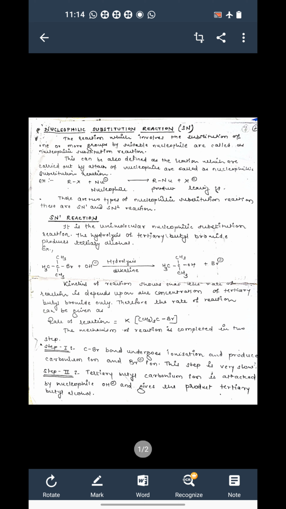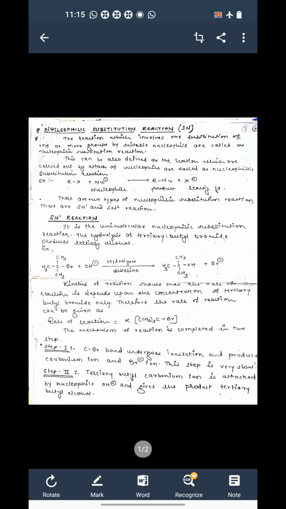And the mechanism of this reaction is completed in two steps. The first step is where the carbon-bromine bond undergoes ionization, and so it produces the carbonium ion, meaning carbon carries a positive charge, and the Br minus ion, and this step is a very slow step.